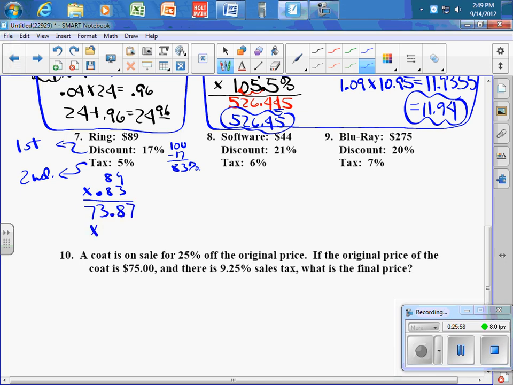Take that times 1.05 because of the sales tax, and we'll get 77.5635. Rounding it off to the nearest penny, we're actually going to be paying $77.56.